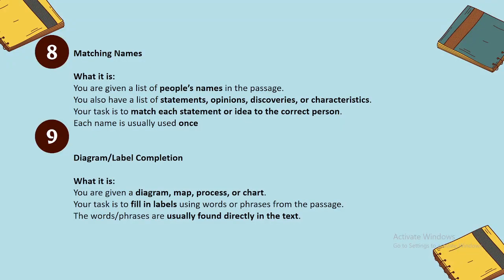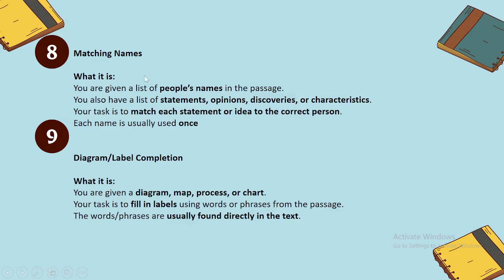So we are moving to our next type of question, that is matching names. Whenever you are adept in this kind of question pattern, I think you will love it, because matching names is very easy, as people's names are proper nouns, and identifying proper nouns is very convenient for all of us, right?